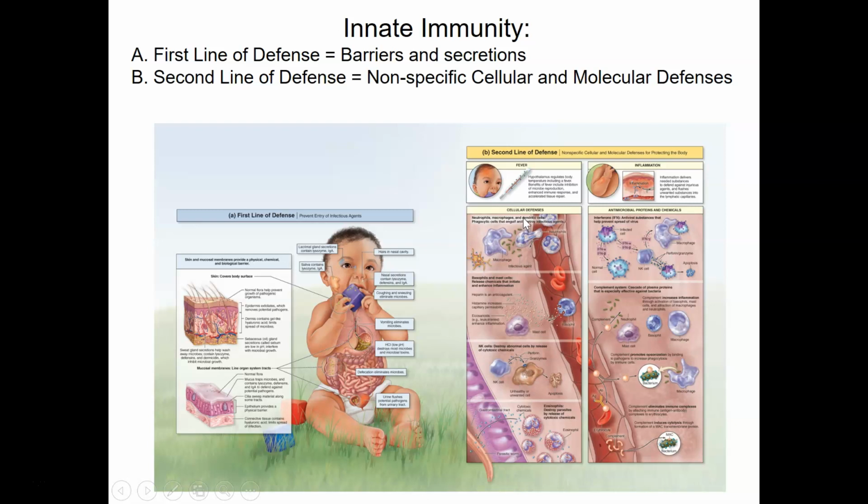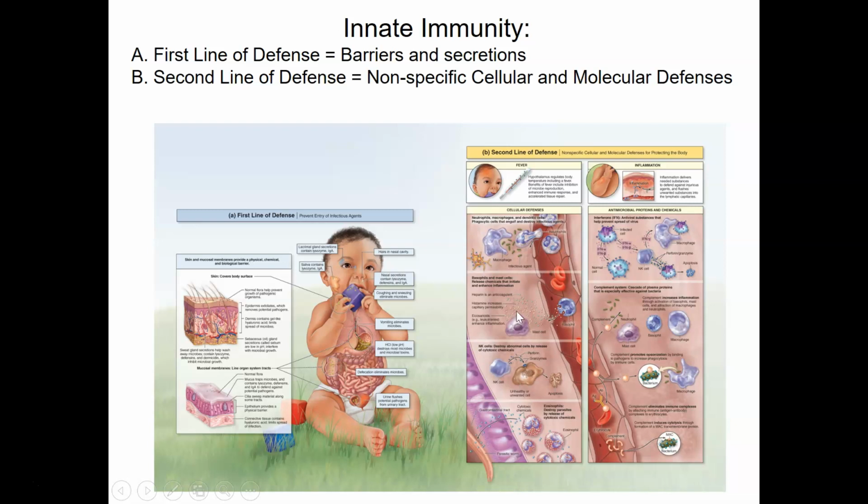What are the non-specific cells that are going to mount a defense? So there are a number of different types, and they're kind of grouped into those that have similar action. So one type are the neutrophils, the macrophages, and the dendritic cells. They're all types of phagocytic cells. Another type are the basophils and the mast cells.